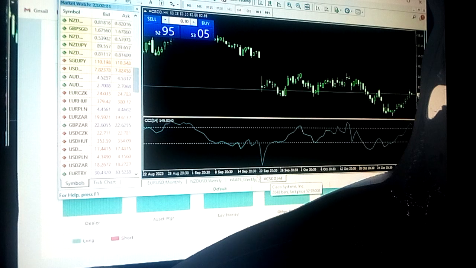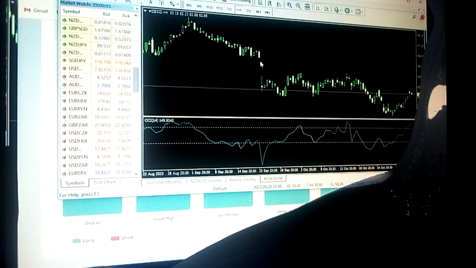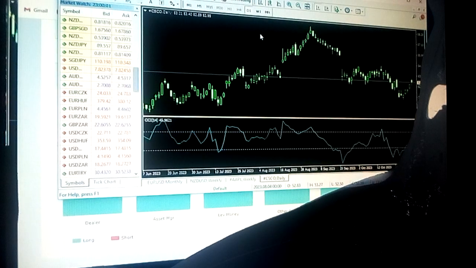Let's pull this one here. If you are keen, you can see there's something different. I don't know if you can see it. In most stocks, we do have this thing here. We call them gaps. Even if I pull daily, if I pull monthly, if I pull weekly, we're gonna see this gap here.